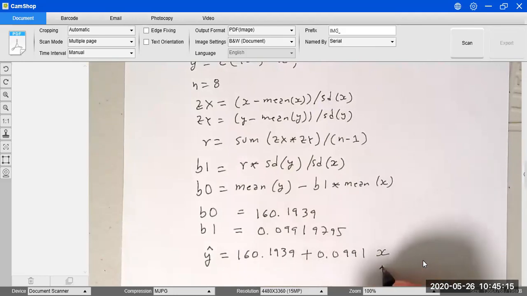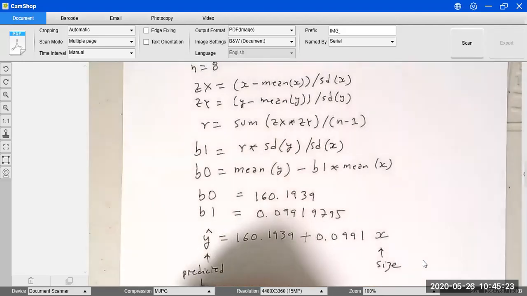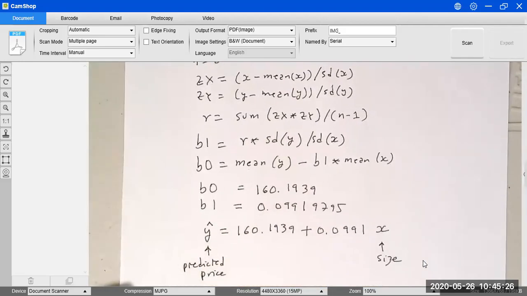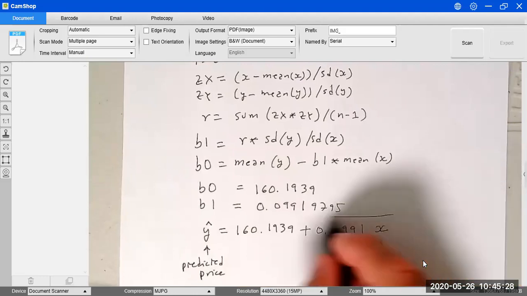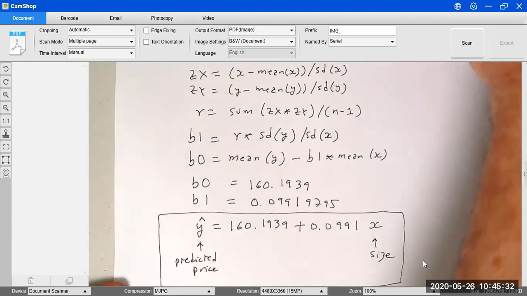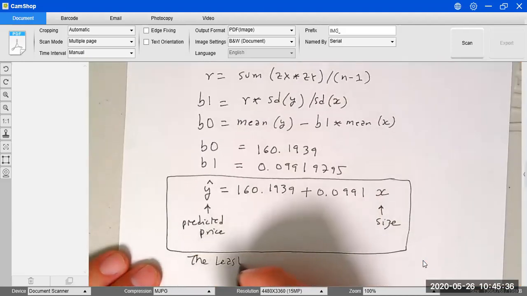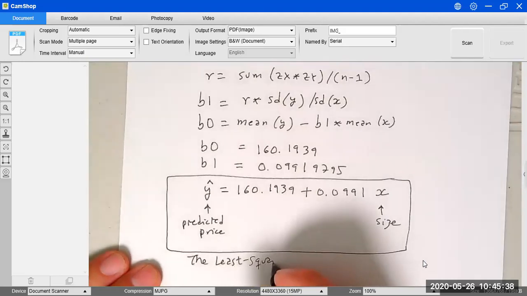So this is the size of the house, and this is going to be the predicted price of the house. And this is the least squares regression line.